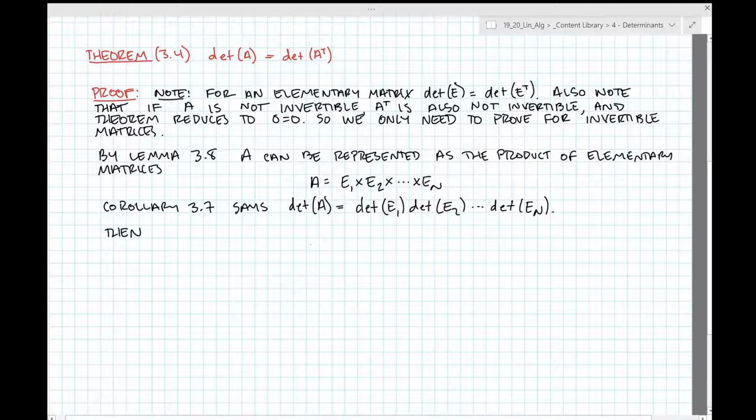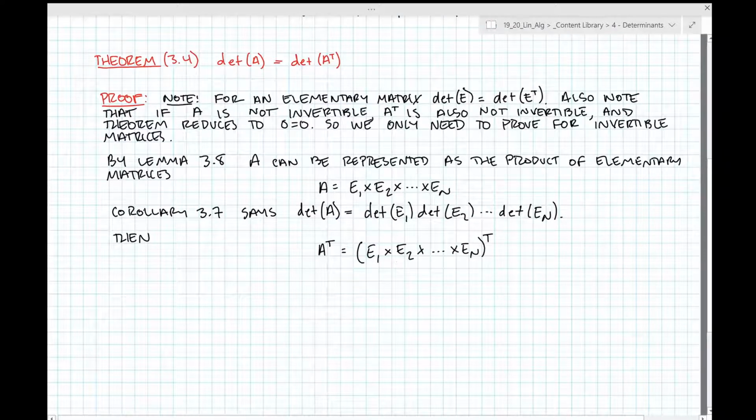A transpose is equal to E1 times E2 times En, transposed. And this is a throwback: if I want to take the transpose of a product of matrices, I can take the transpose individually, but we also switch the order. So this thing becomes En transpose times En minus 1 transpose times dot dot dot times E1 transpose. I can distribute that transpose through A transpose.